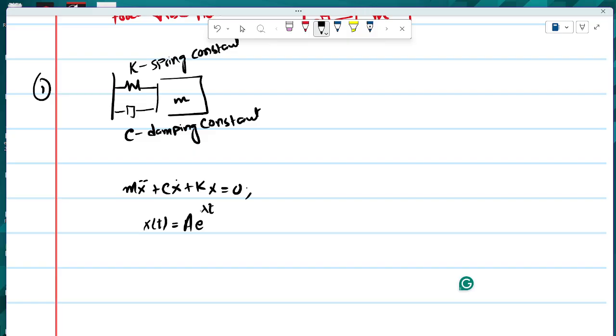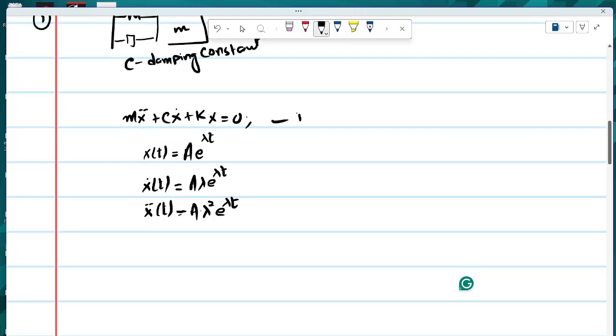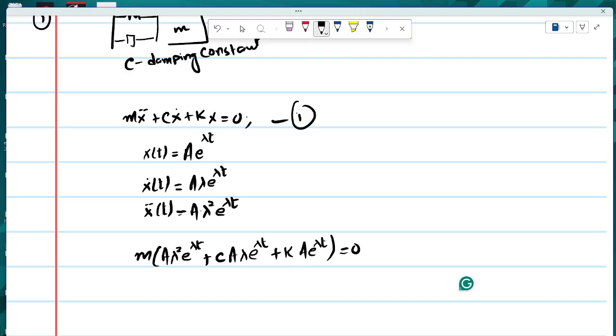Then you can take the first derivative and the double derivative: A lambda e^(lambda t) and A lambda squared e^(lambda t). Now when you substitute this into equation 1, you have a quadratic equation: m A lambda squared e^(lambda t) plus c A lambda e^(lambda t) plus k A e^(lambda t) equals 0.